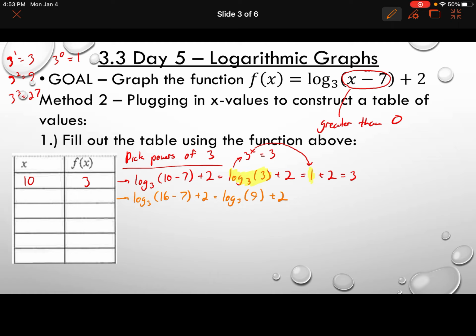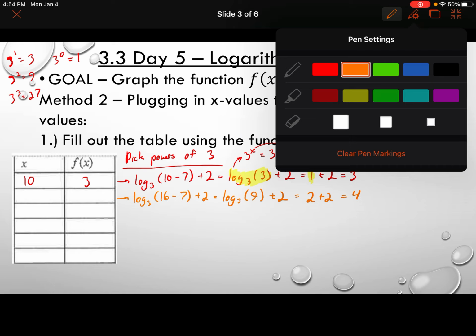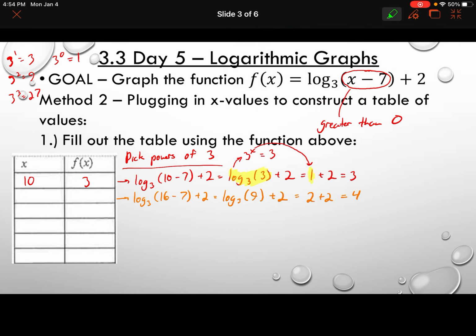And now we end up with the same situation. We end up with 2. So log base 3 of 9 is equal to 2 because 3 squared is 9.